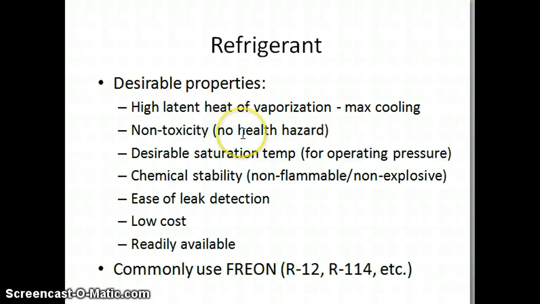It must be non-toxic, because sometimes it is exposed to edible substances. Desirable saturation temperature. Chemical stability, meaning it must not be flammable or explosive. Leak detection must be easy, and the cost of the refrigerant must be low and it must be easily available. Commonly used refrigerants are Freons, like R12 and R114.